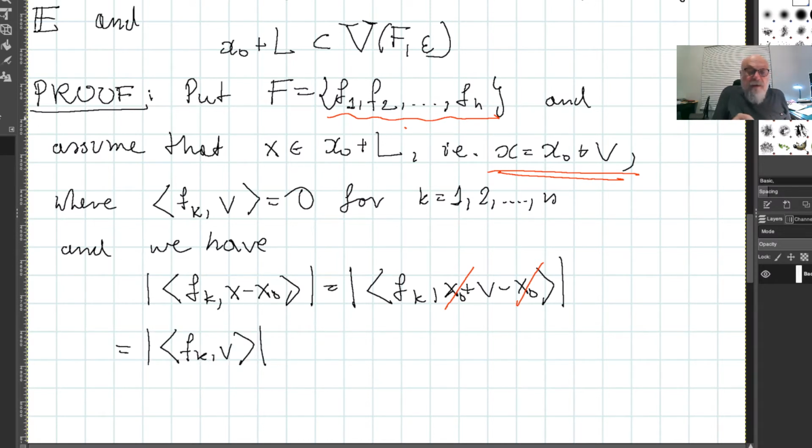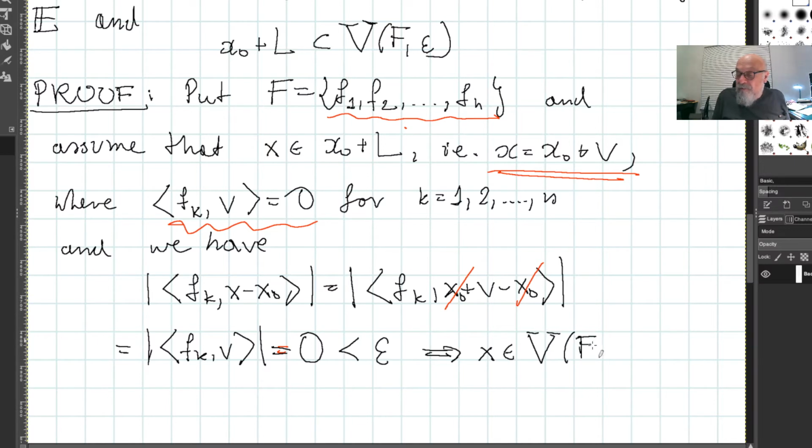And then look above, and this is equal to 0, and 0 is definitely smaller than epsilon, so this implies that x belongs to V_{F,epsilon}.